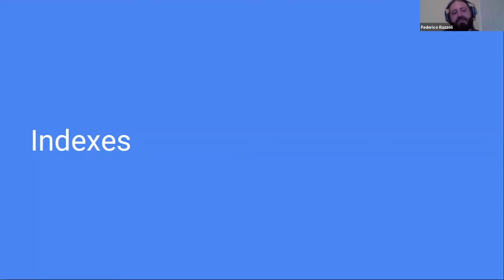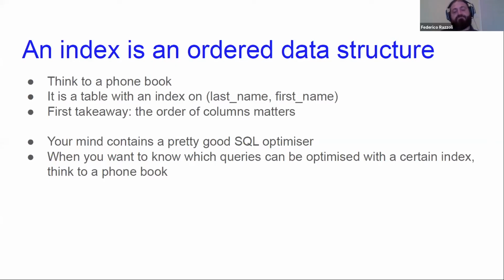let's proceed and let's talk about the most important component of databases to make your queries fast, which is indexes. So how do indexes work? Well, I can explain very briefly. Just keep in mind that they are ordered data structures.